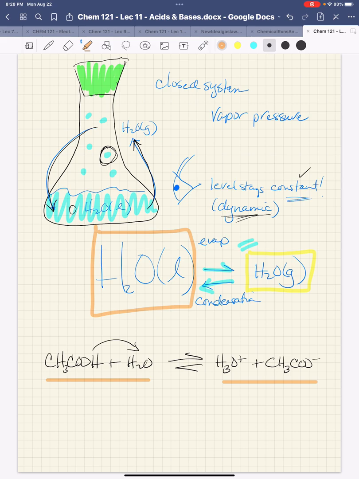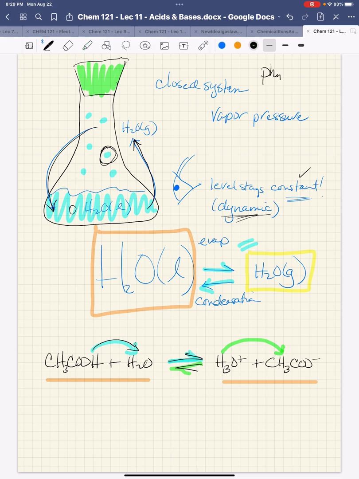The amount of these stays constant. The rate at which the acid gives the water its proton is equal to the rate at which the hydronium gives its hydron to the acetate and goes the opposite direction. So this is a chemical equilibrium.